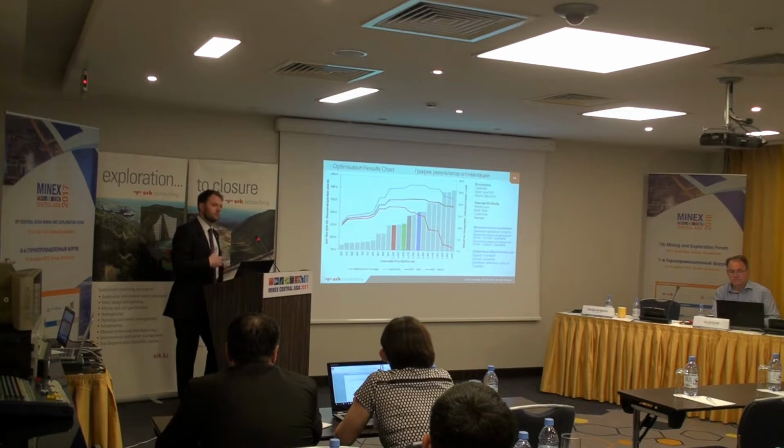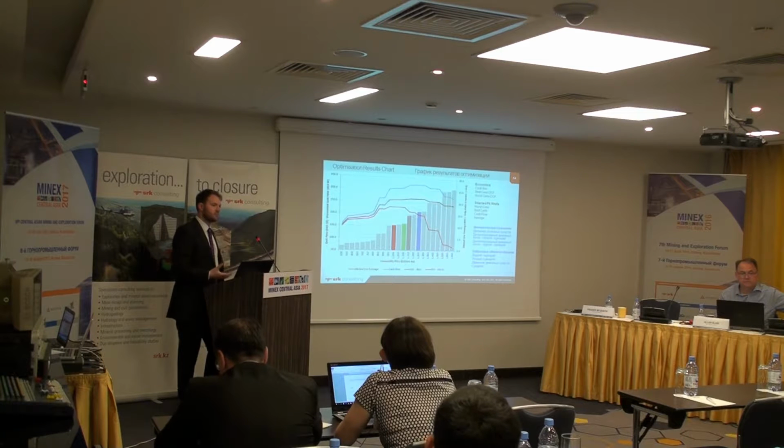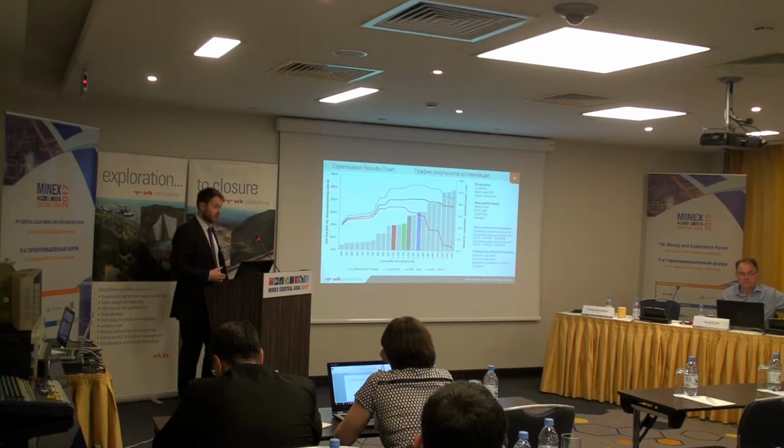So what we're going to look at in the next few slides is these 4 highlighted shells in a bit more detail, so we can understand the physical and economic characteristics of these shells, and then make a decision on which one we should select for our mine plan.